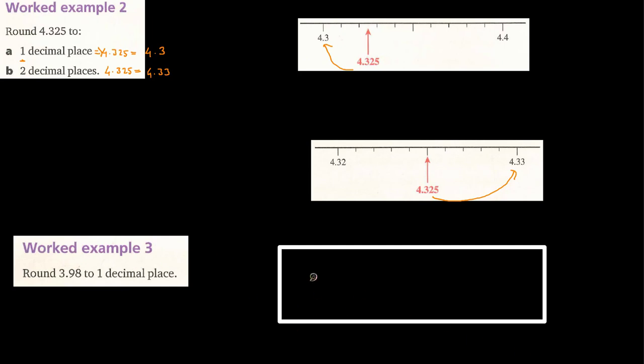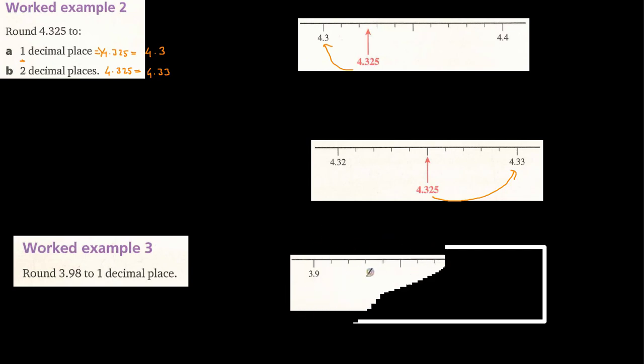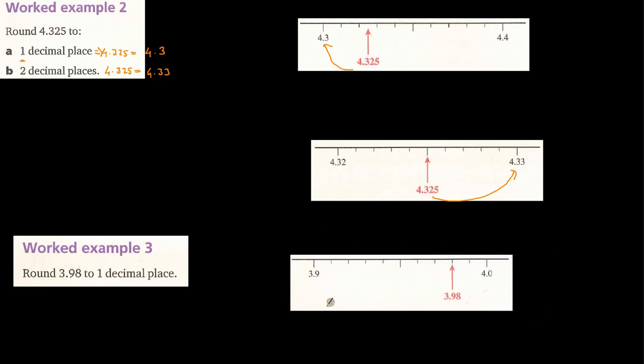That's why we are going to find the decimal unit between 3.9 and 4.0. As you see, this value is closer to 4.0. That's why we are going to round to the nearest one, and 3.98 is going to be approximately 4.0.